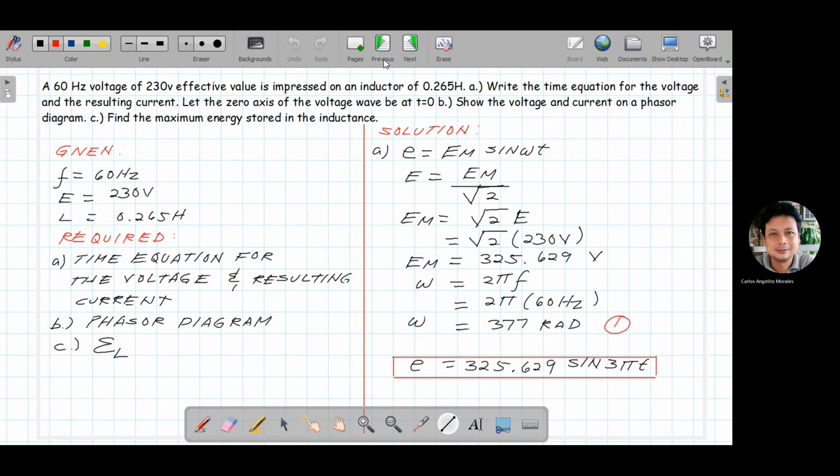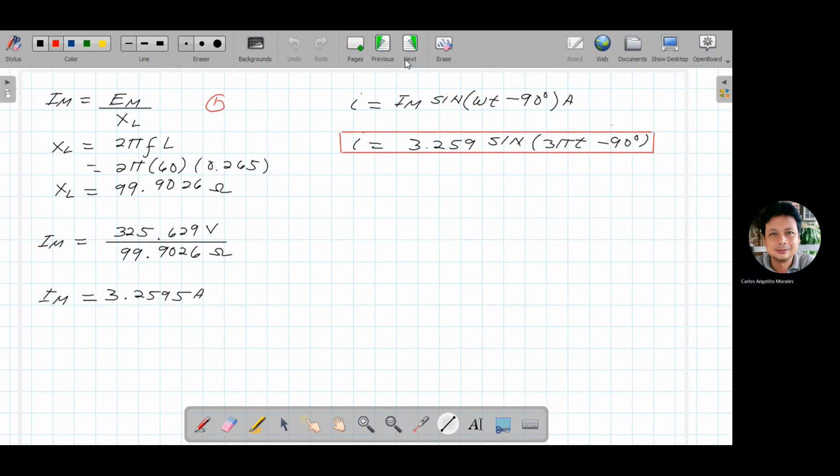Ito yung phasor diagram. So, yung phasor diagram niya ay magiging ganito, no?